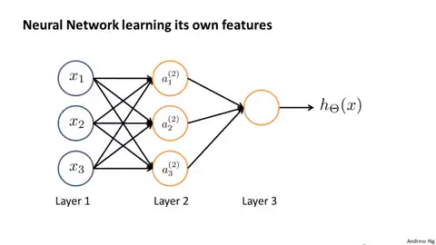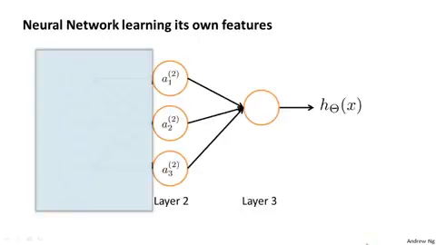Consider the following neural network, and let's say I cover up the left part of this picture for now. If you look at what's left in this picture, this looks a lot like logistic regression, where we're using that node, that's just a logistic regression unit, and we're using that to make a prediction h of x.